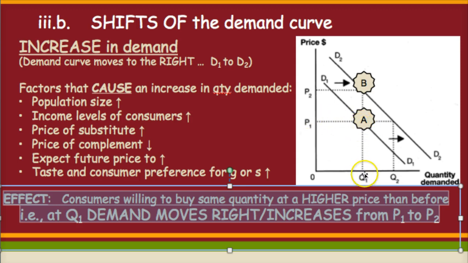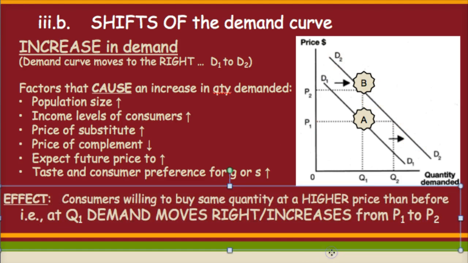Let's say Q1 is 50 and P1 is $30, for example, just as an example. Now, 50 are being demanded at this price, price 2. Let's say it's $50. So the same quantity is being bought, but at a higher price now, according to the new demand schedule.